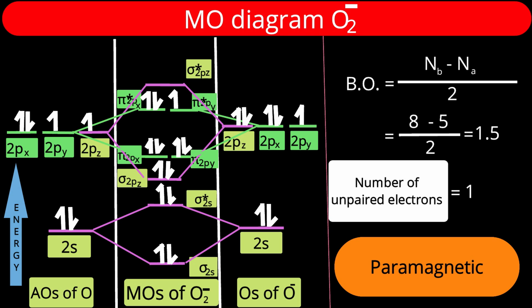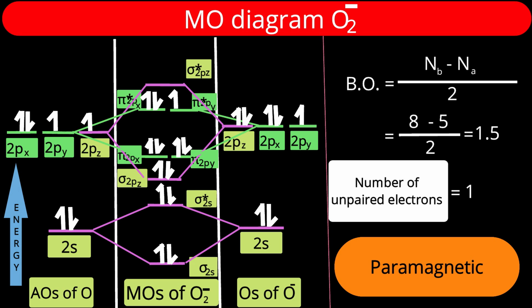Means the number of electrons is more than that of the protons. So effective nuclear charge, the effective force of attraction exerted by the nucleus on the outermost electron, where will it be more? Yes, in oxygen it will be more. So whose size will be large? O minus ion size will be large.